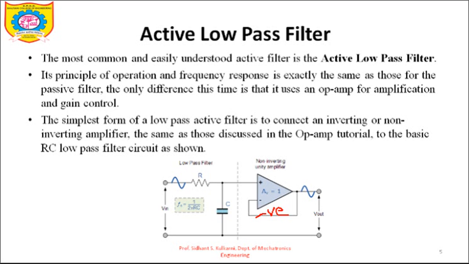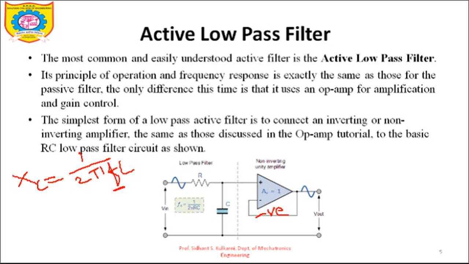To the positive input terminal, that is the non-inverting input terminal of the op amp, one resistance and one capacitor in parallel, the combination, is connected. Now let's say this is our frequency. To understand frequency response, you first of all write the formula for impedance. Xc is equal to 1 upon 2 pi fc. Now what is this amplifier going to do? Let's say initially f is 0 hertz.